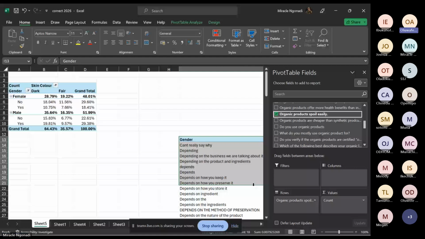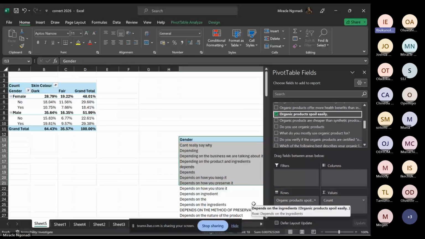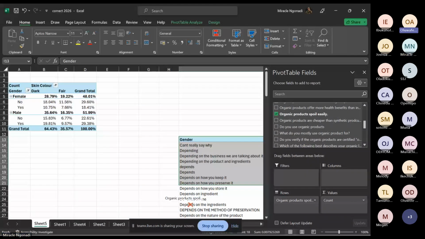Just take it out. The one that says organic products spoil easily. To the left, like we want to take it out of the pivot table.